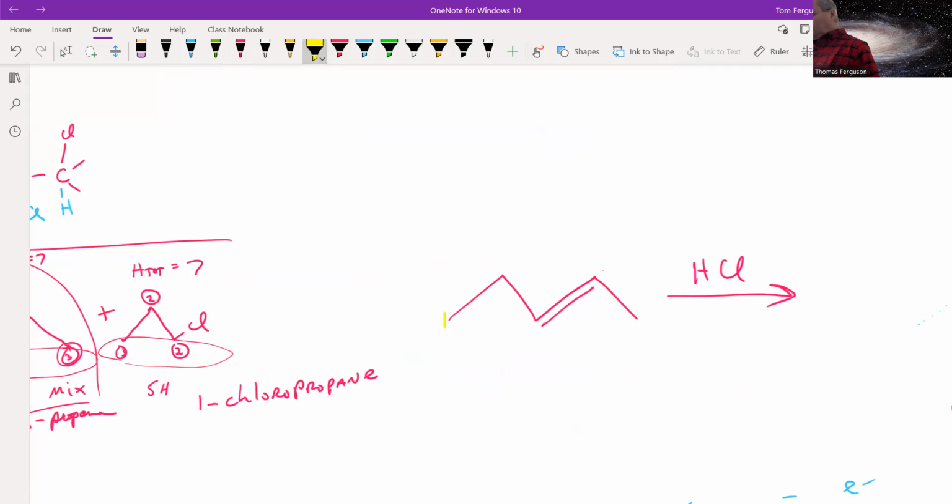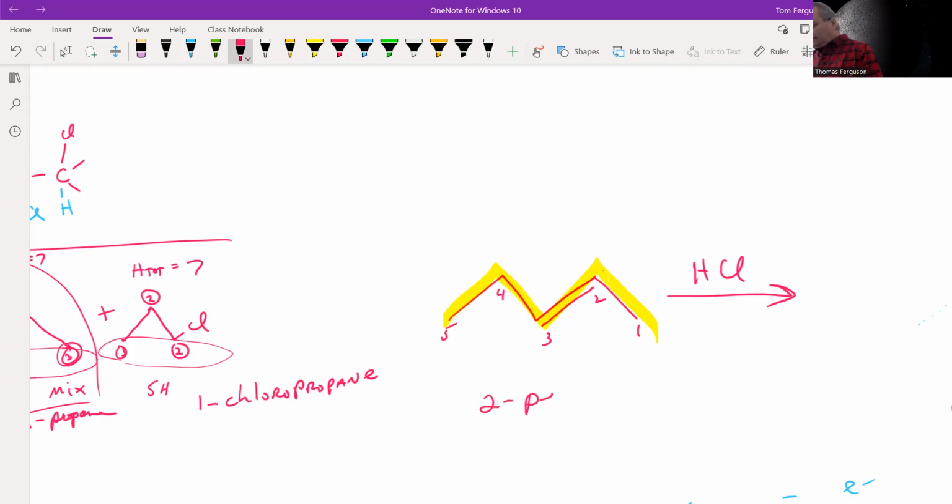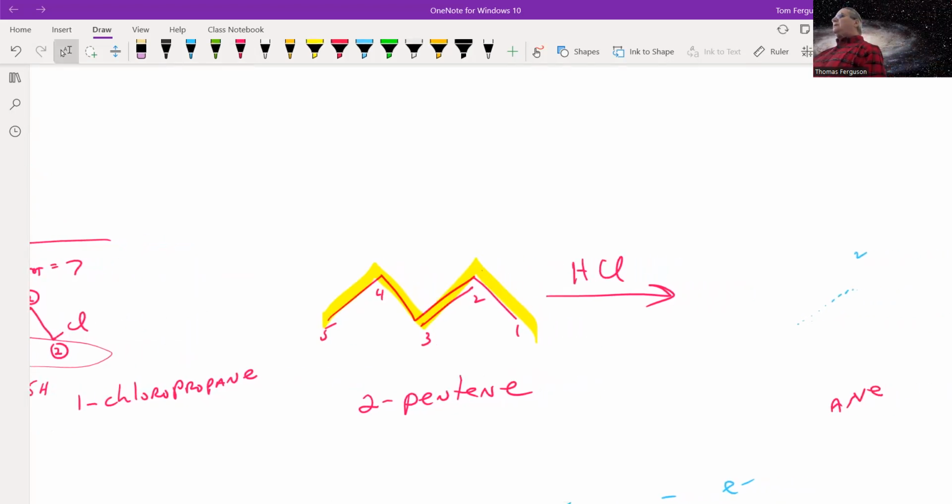It's a 1, 2, 3, 4, 5. So it's a pentene, so the 2-pentene. Okay, so reactants, name it. Conditions, hydrochloric acid, HCl. This could be HBr also, or HI. Most of the time it's going to be HCl.